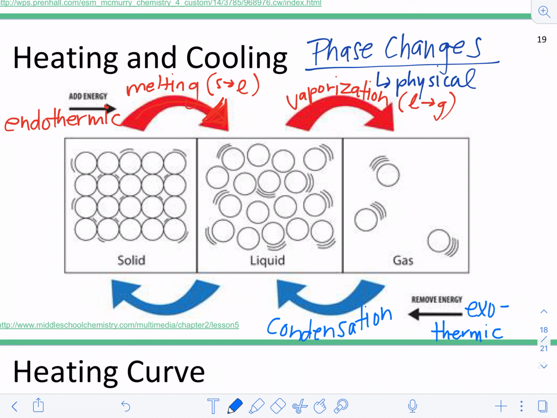Again, think about liquid water, and we're making it into ice. This is called freezing. Again, I'm using water as my example, but these words for phase changes can be used for any substance. So this is opposite. Condensation is from gas to liquid, and then freezing is from liquid to solid.